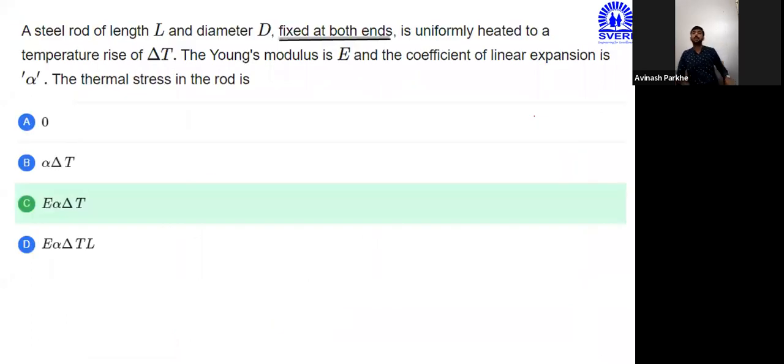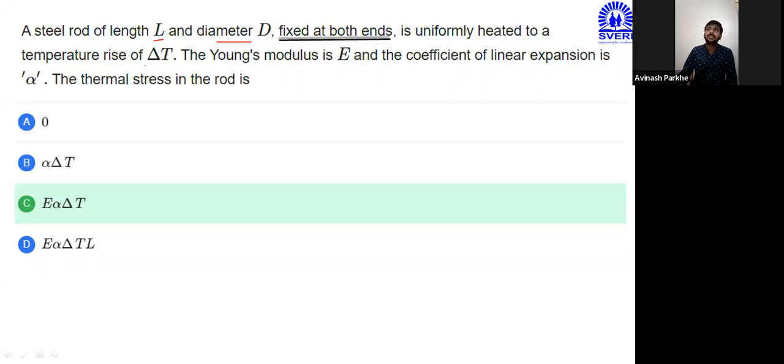Now, one more problem based on the thermal stress conditions. Okay. Let us see here. A steel rod of length L and diameter D, fixed at both ends. So one rod is there, their length L is there, diameter D is there, then they are fixed at both ends.